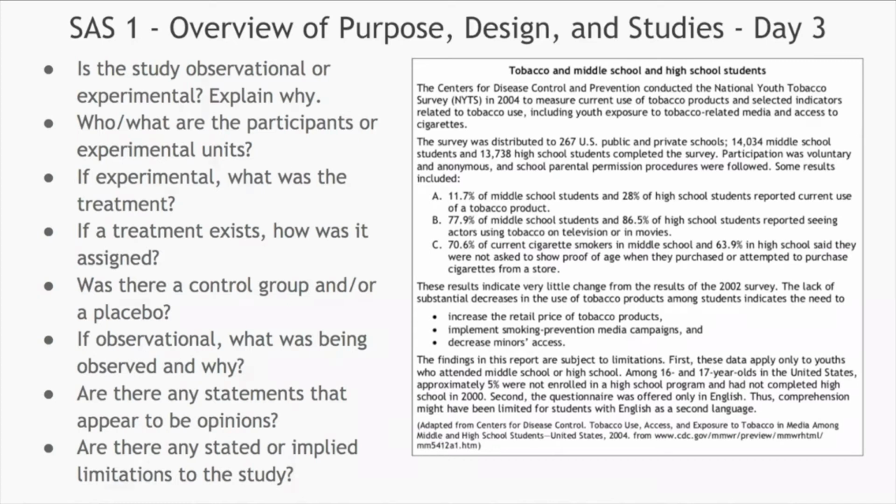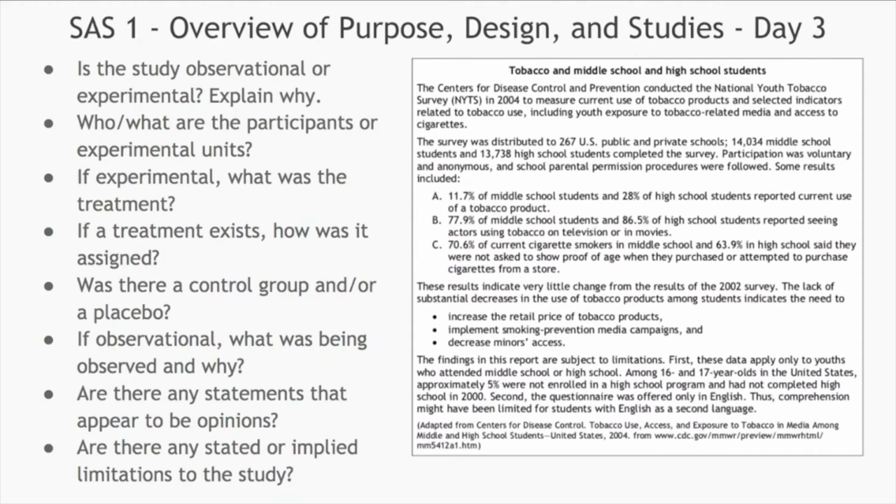Some results included A, 11.7% of middle school students and 28% of high school students reported current use of tobacco product. B, 77.9% of middle school students and 86.5% of high school students reported seeing actors using tobacco on television or in movies. C, 70.6% of current cigarette smokers in middle school and 63.9% in high school said they were not asked to show proof of age when they purchased or attempted to purchase cigarettes from a store.